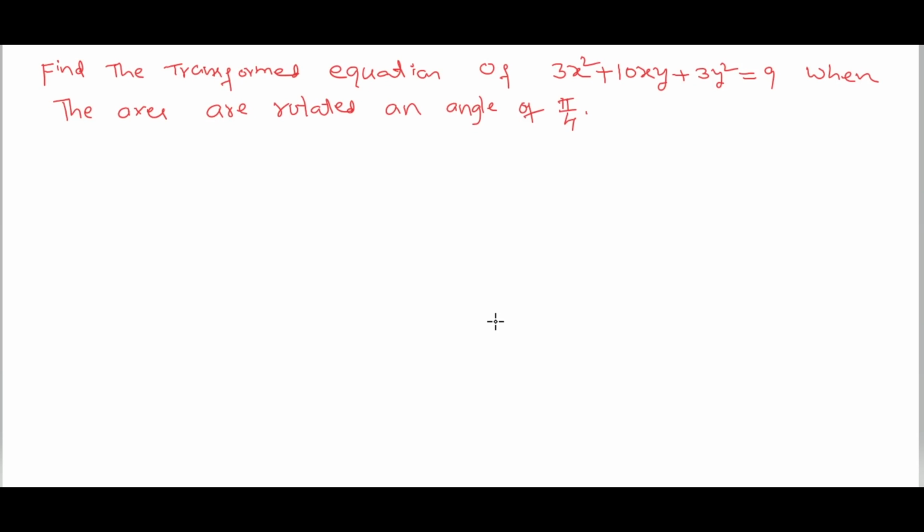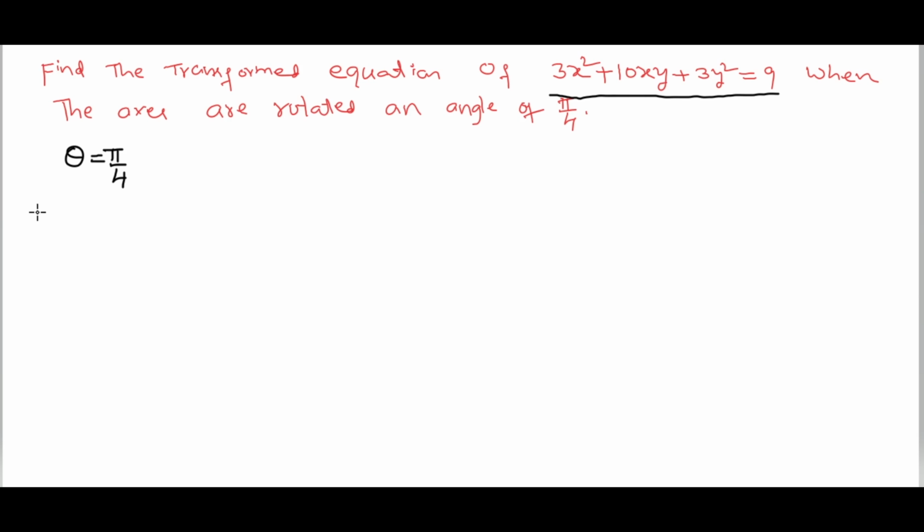Students, next problem. This is one of the most important problems. Find the transformed equation of 3x square plus 10xy plus 3y square is equal to 9 when the axes are rotated through an angle pi by 4. That is, axes are rotated through an angle pi by 4, that is theta is given, theta is equal to pi by 4.